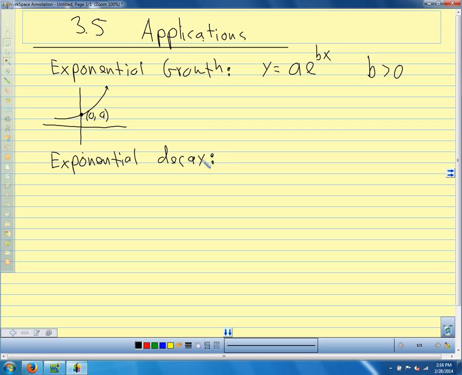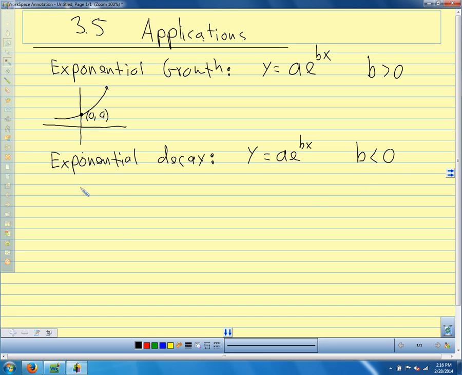So exponential decay is going to be y equals a e to the b x, and b is going to be less than 0 here. So our exponent is going to be negative.